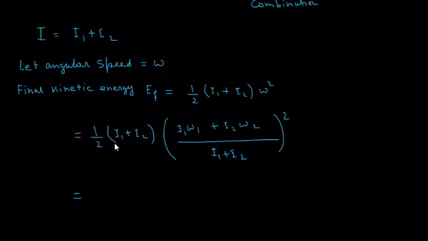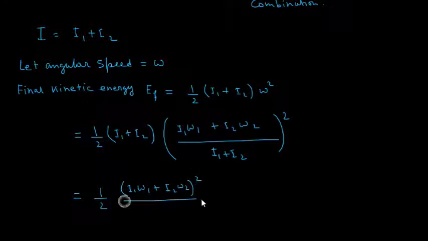One of the I1 plus I2 will get cancelled, and one will be left here. So in total we can write: half (I1 omega 1 plus I2 omega 2) whole square upon (I1 plus I2). That's it.